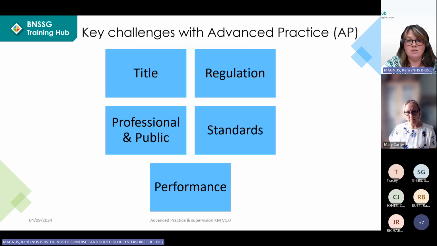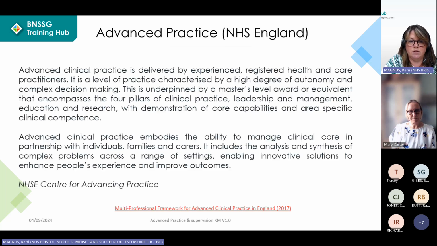These are the 5 areas that the national, regional and local areas are focusing on: the multiple titles that we all get called as advanced practitioners, the regulation of advanced practice, whether it's for the NMC, HCPC, or the GPhC, professional and public awareness of what advanced practice is, the standards that are set, particularly around educational frameworks and what we think advanced practice should look like, and the monitoring of performance. And this is where supervision comes in with regards to the performance element.